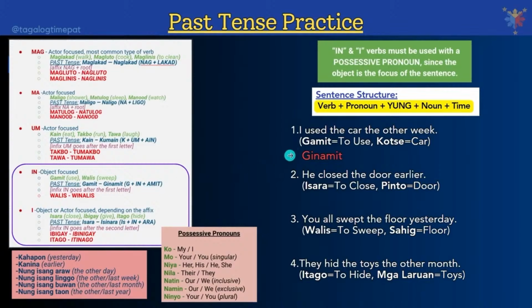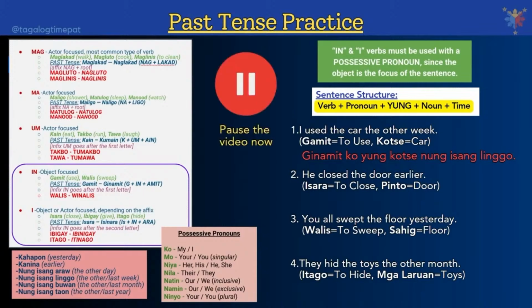So ginamit. Then it's the pronoun ko, which is the possessive pronoun I. Then it's the word yung, which means the. Coche nung isang linggo. So, ginamit ko yung coche nung isang linggo. I used the car the other week.